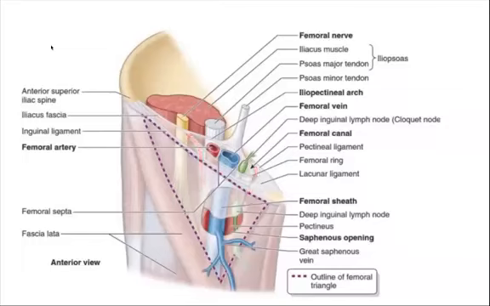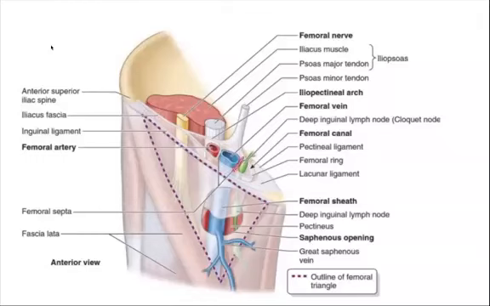And there are some septa, the femoral septa, dividing the sheath into compartments. It can also make one canal, which is the femoral canal, and all of you know the boundaries of the femoral canal as well.